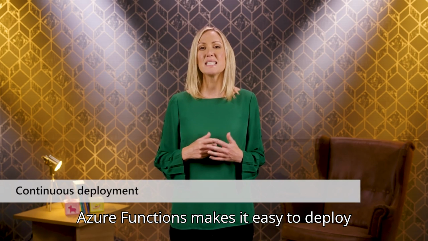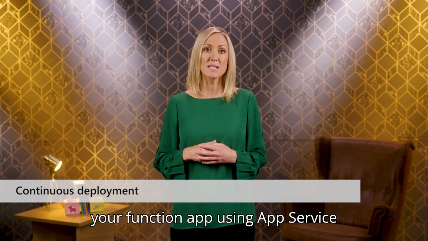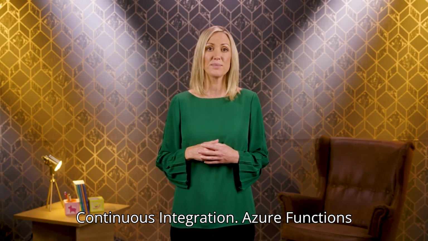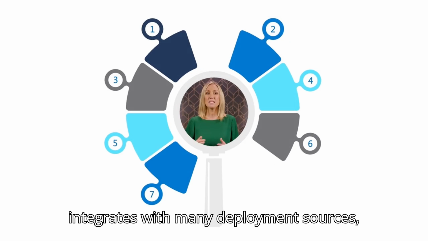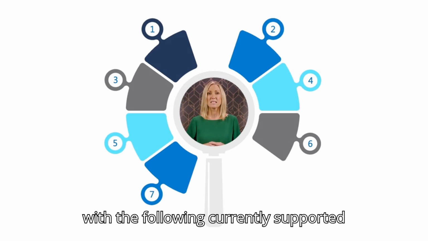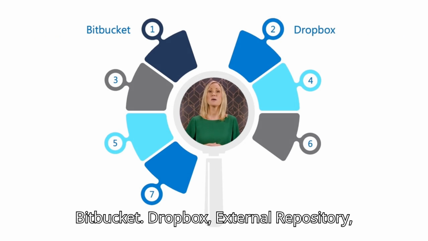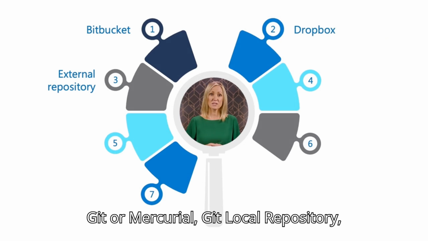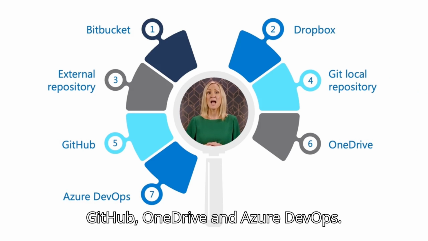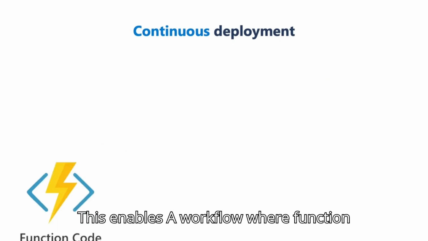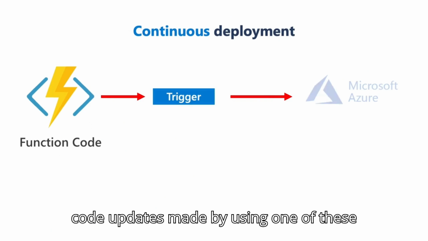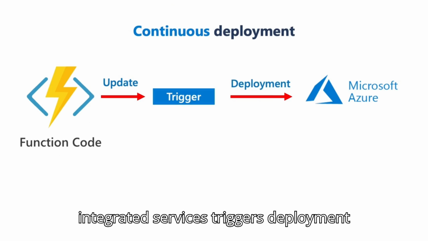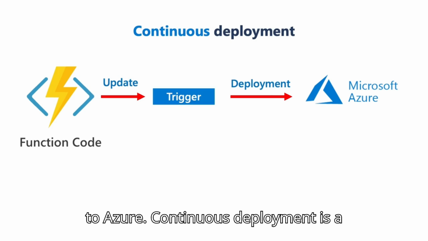Azure Functions makes it easy to deploy your function app using App Service Continuous Integration. Azure Functions integrates with many deployment sources, with the following currently supported: Bitbucket, Dropbox, External Repository, Git or Mercurial, Git Local Repository, GitHub, OneDrive, and Azure DevOps. This enables a workflow where function code updates made by using one of these integrated services triggers deployment to Azure.